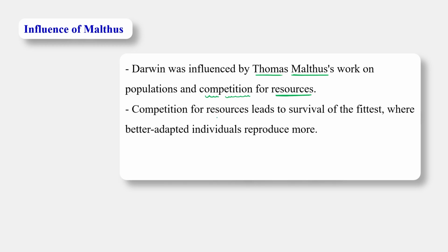Okay, so competition for resources leads to the survival of the fittest, where better adapted individuals reproduce more. And Darwin was also influenced by Alfred Wallace's work. He also worked in the same direction. His conclusion was very similar to Darwin's, so Darwin was influenced by him also.